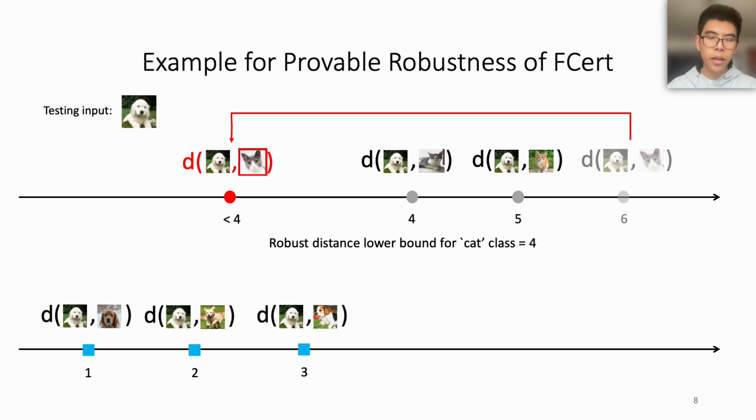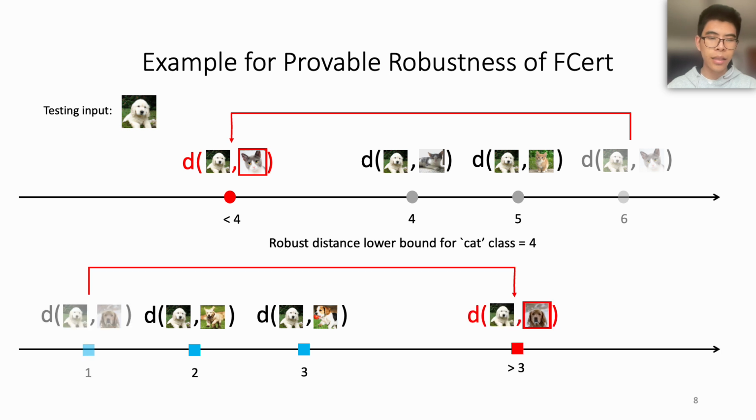Likewise, to maximize the robust distance for the dog class, the attacker changes the dog image with the smallest feature vector distance to become the largest. The new robust distance for the dog class is 3, and that is the robust distance upper bound for the dog class, which is smaller than the robust distance lower bound for the cat class. So for this testing input, our method is provably guaranteed to predict the same label after the attack.